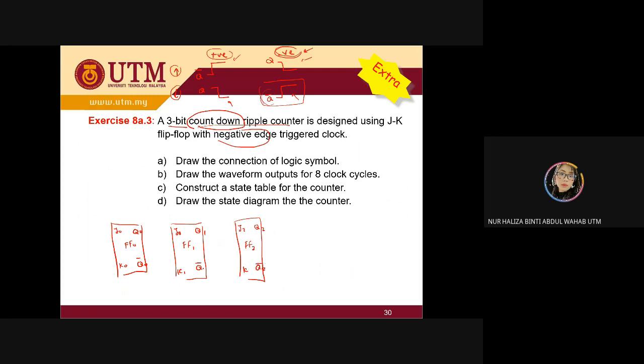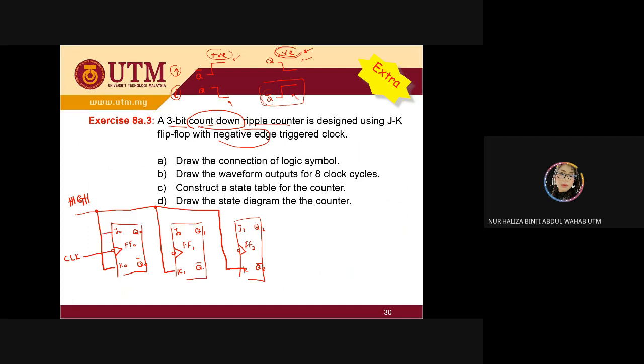Okay, done. And then after that, I need to connect everything with my high input. So this is my high. And then for starting, I have negative, negative, negative, and the start will be connected to the clock.